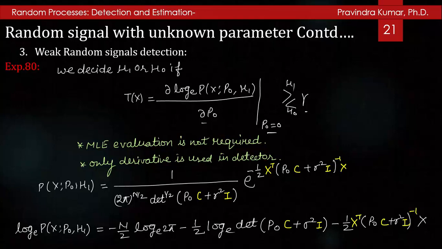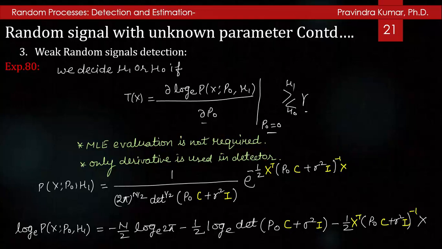In log form, log e p(x; P0, H1) is equal to minus n by 2 log e 2 pi, minus 1 by 2 log of the determinant of P0 C plus sigma square I, minus 1 by 2 x transpose inverse of P0 C plus sigma square I into x.